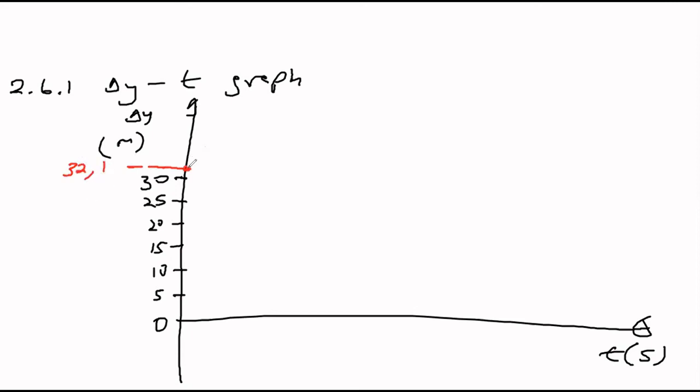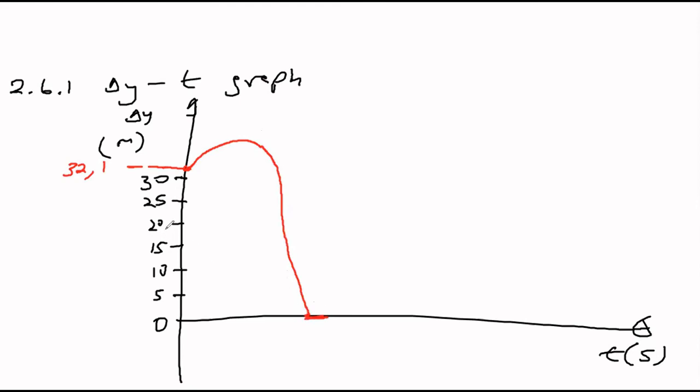Okay, so the object went up. So we didn't calculate the maximum height reached by the ball. Then the object fell to the ground. The object is in contact with the ground.